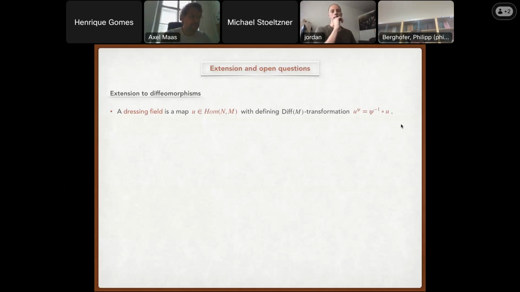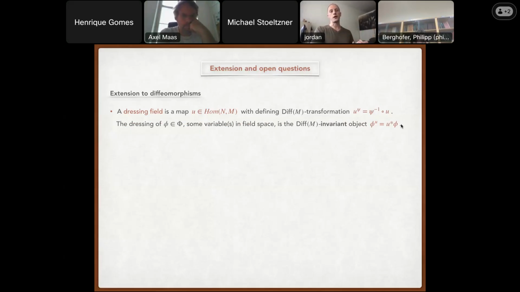And then what you can do is build, once you have a phi, so phi in that case is not a matter field as it was in my previous slide. It denotes a collection, a field variable of any kind: gauge potential, spinor, scalar field, your metric, whatever kind of tensor field you like, or a collection of them, right? Often I think of it as a collection of them.